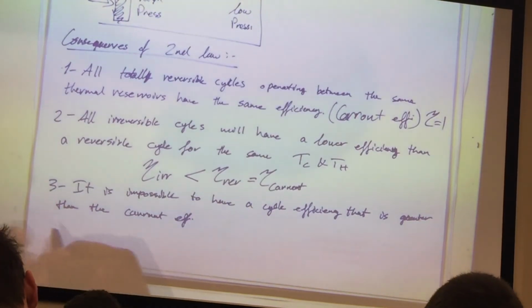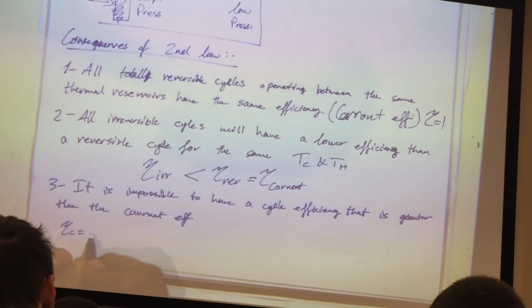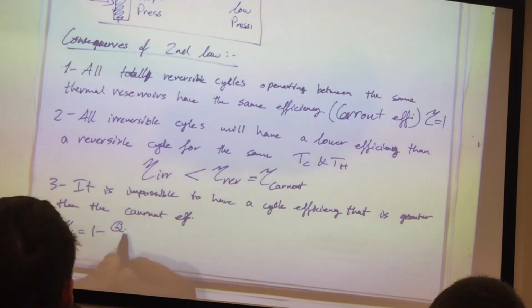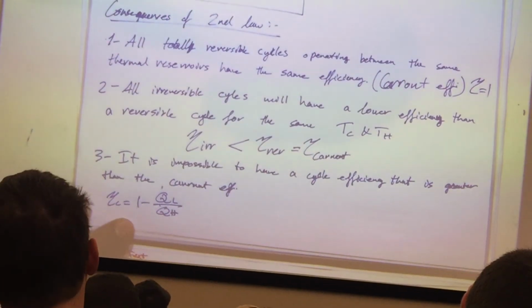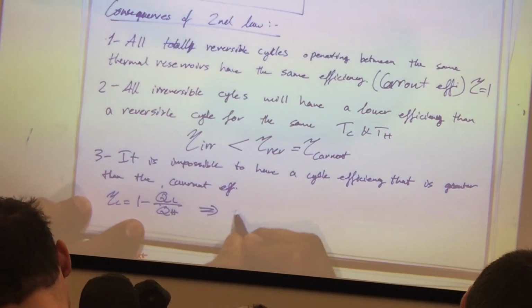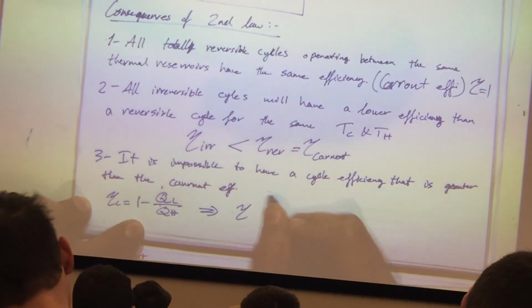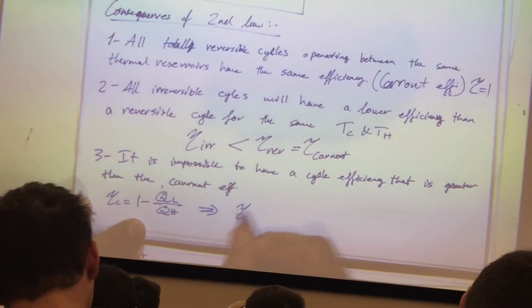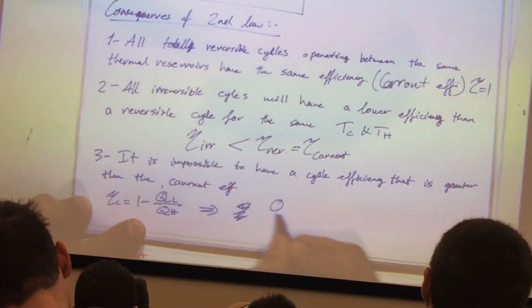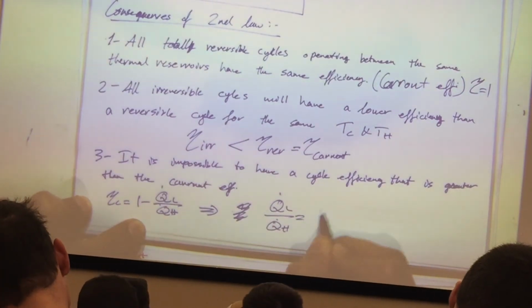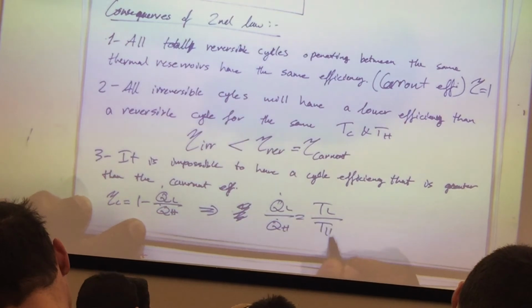So Carnot efficiency is equal to 1 minus Q cold or low relative to Q hot. So efficiency, you can relate it through temperatures and say Q low relative to Q hot is equal to T low relative to T hot.